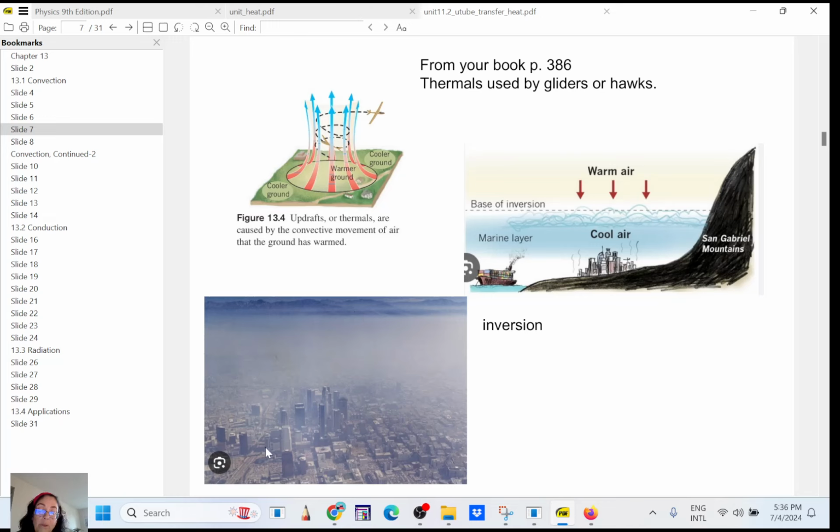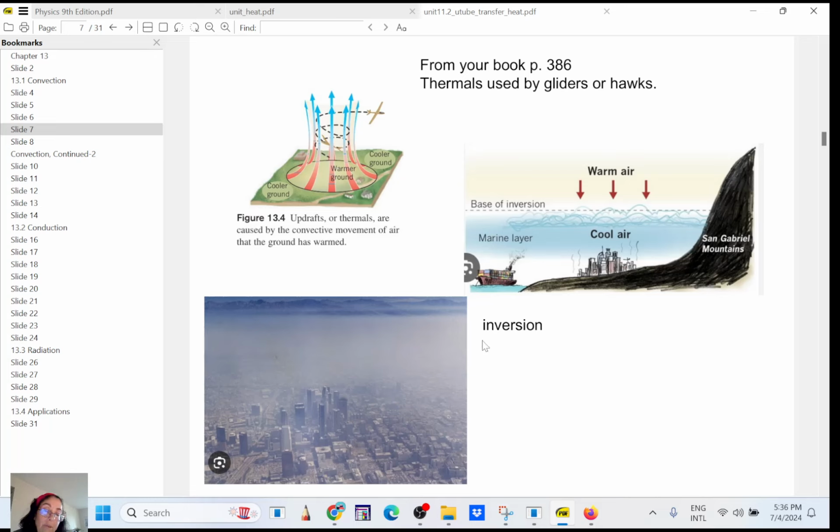Which is good because if you have a very polluted city like Los Angeles, LA in California, with a lot of pollutant, so if it's hot here and cool there, all the pollutant can be evacuated, right? So it could rise and clean up the city.